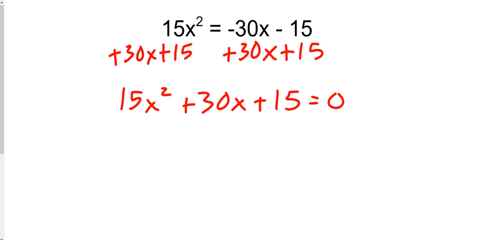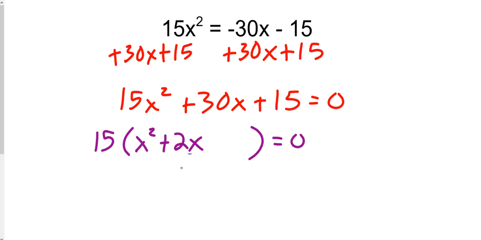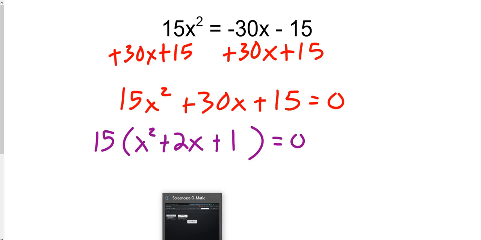All these numbers, 15, 30, and 15, can be divided by 15. So we're going to pull that out because that's going to make life in factoring so much easier. So if I pull the 15 out, 15 divided by 15 gives me x squared, 30 divided by 15 gives me 2x, 15 divided by 15 gives me 1. See, that's much easier to factor than when it was 15x squared plus 30x plus 15.